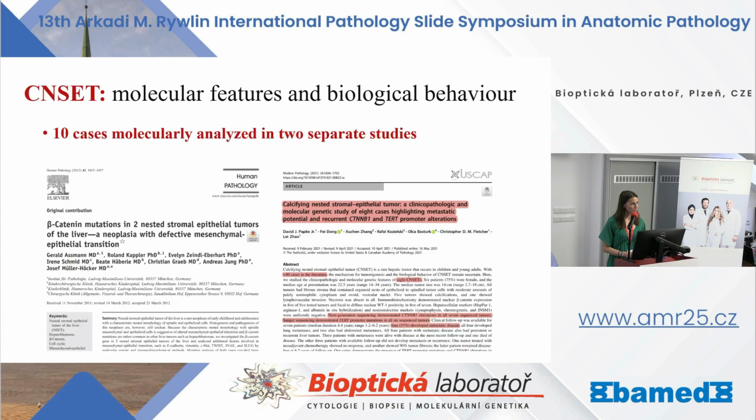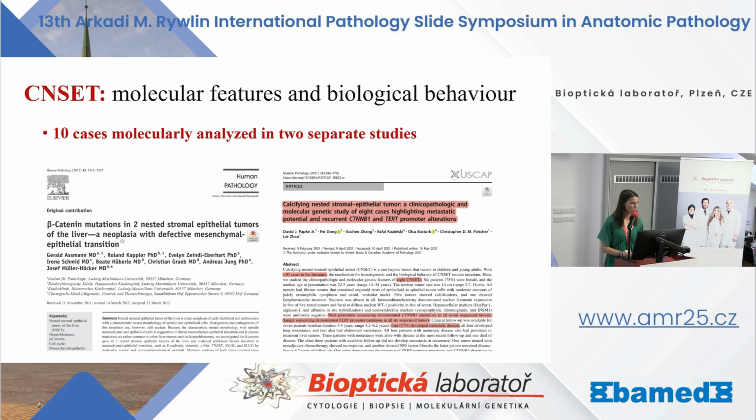Given the rarity of this calcifying nested stromal epithelial tumor of the liver, there is quite limited information regarding molecular features and biological behavior. To date, only 10 cases have been molecularly analyzed in 2 separate studies, which you can see here. The first study comes from 2012.